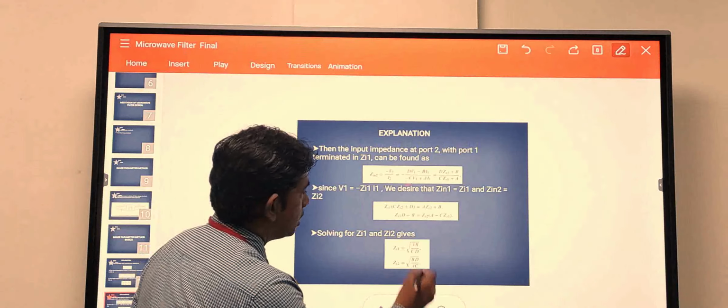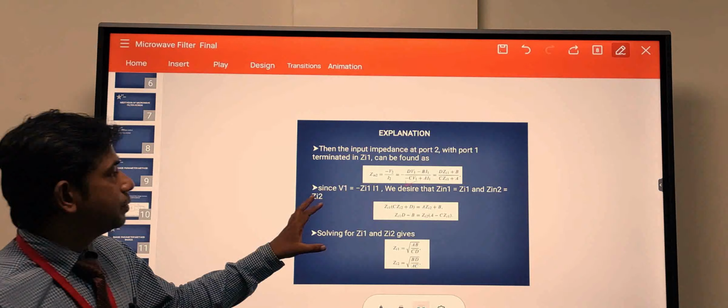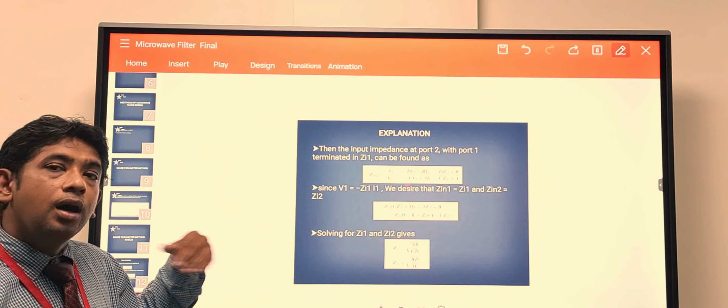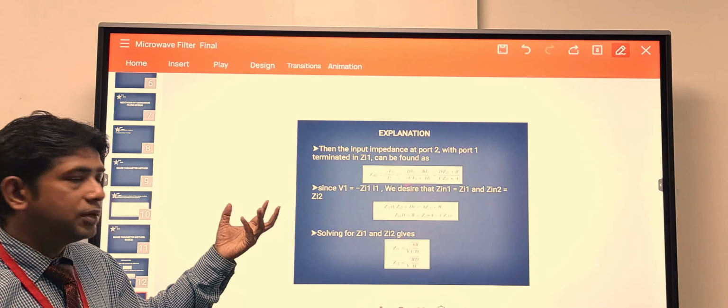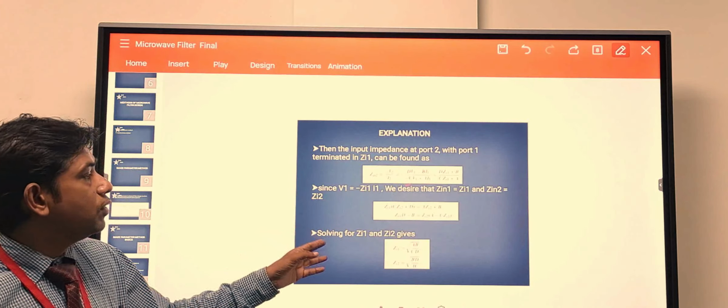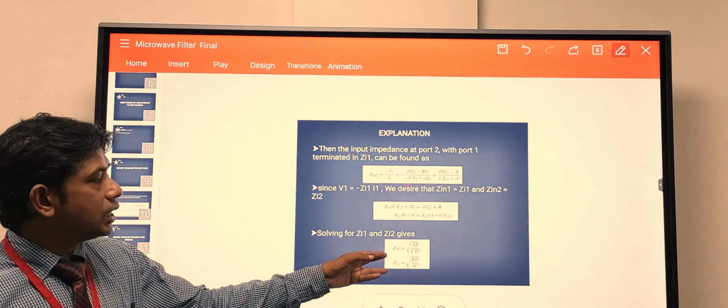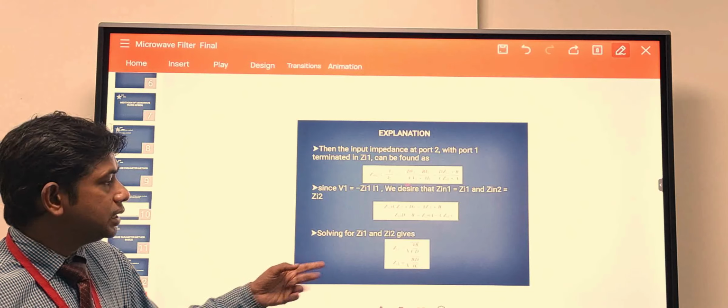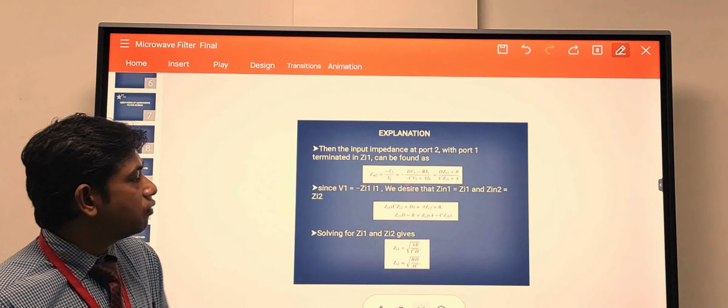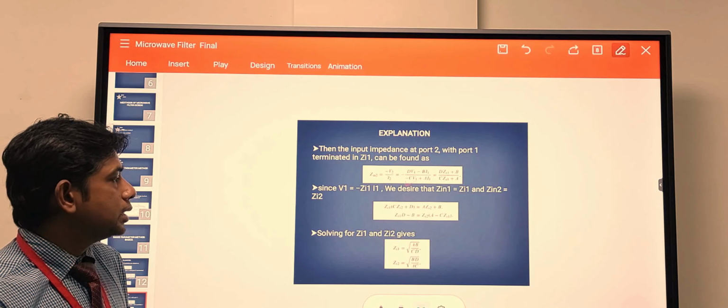So this is the portion for the other half of the parameters that we were concerned with. Now solving for ZI1 and ZI2, it gives ZI1 is equal to the square root of AB by CD and ZI2 is equal to the square root of BD by AC.